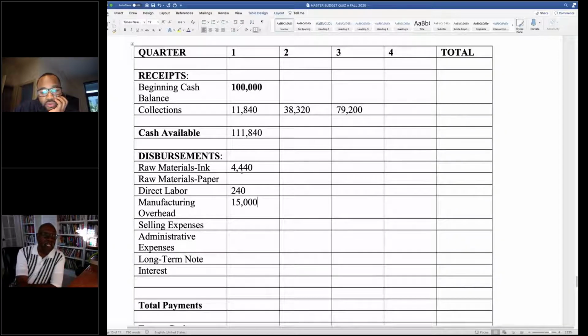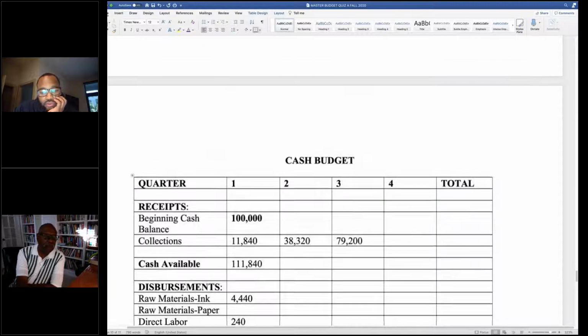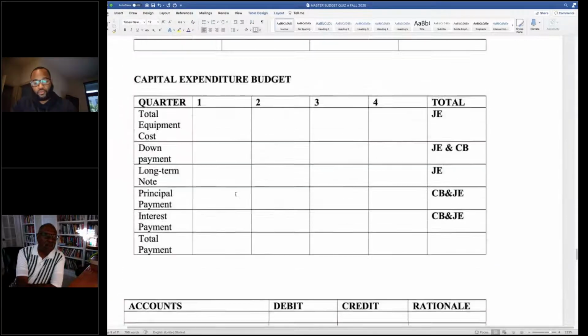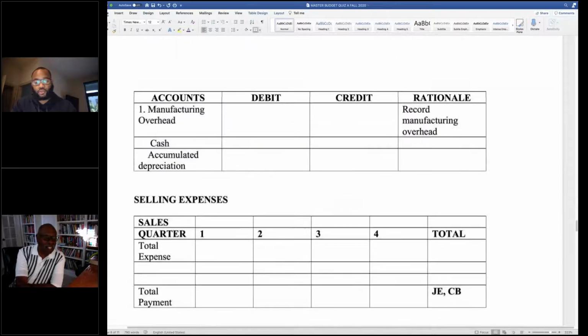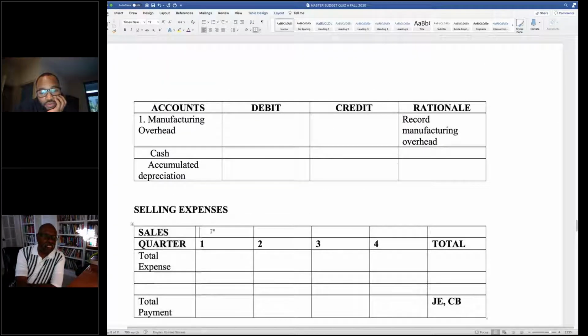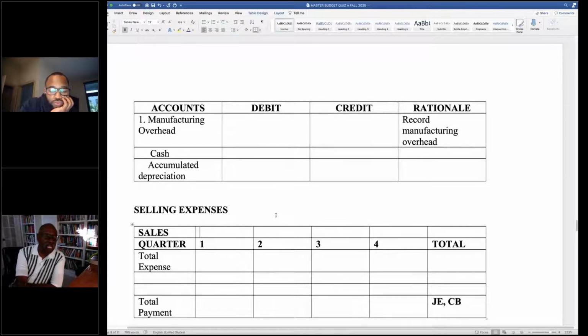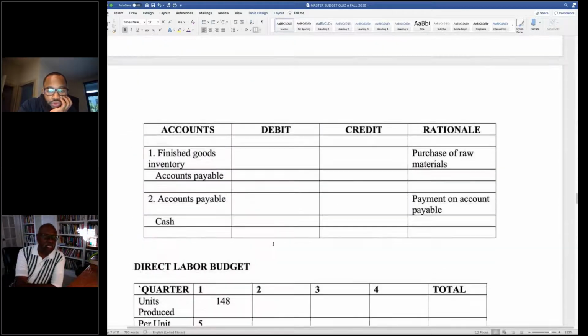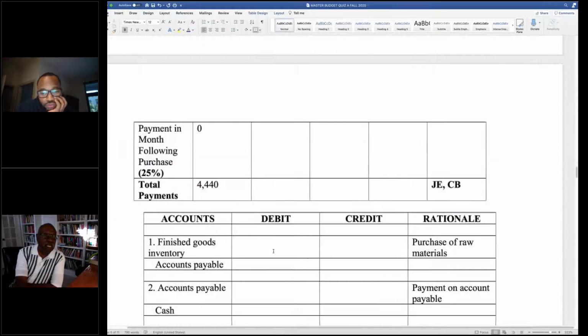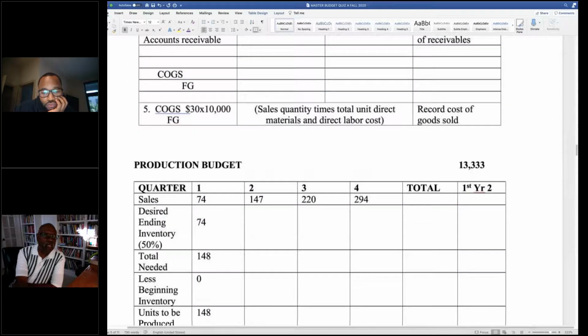All right, Dash, you ready for those selling expenses? Start me off, please. What's the top line here on selling expenses? What's this line? That's sales. Go back to the sales budget and get the sales for the quarter.